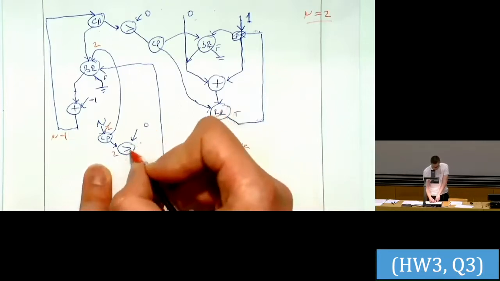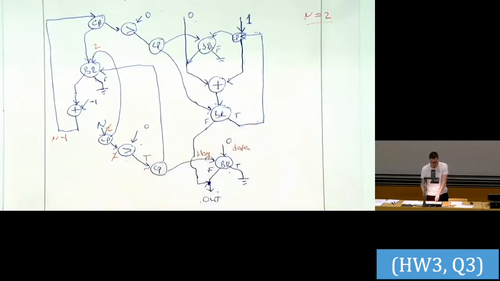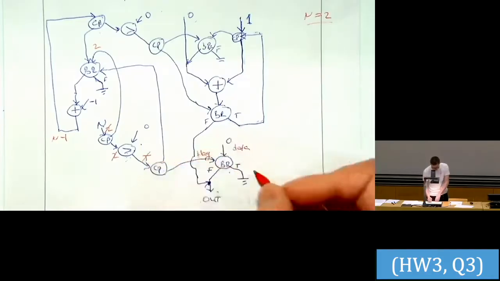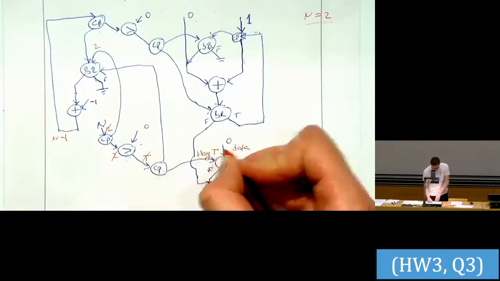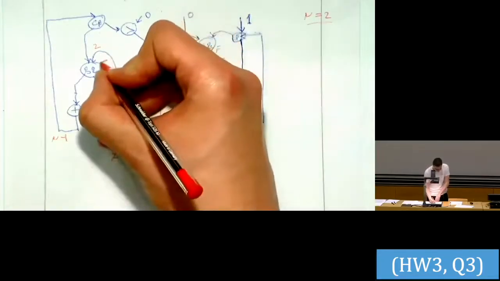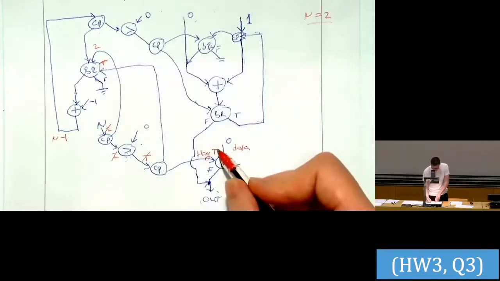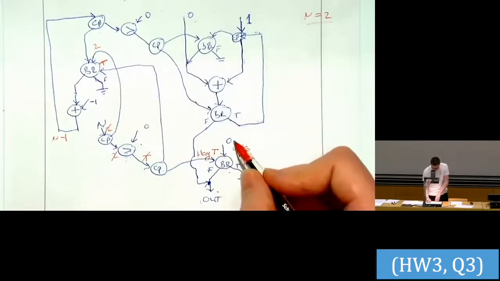And then this node will consume this 2 and will generate true, right? Because 2 is greater than 0. And then this node is also ready to fire, and we will copy true here, and also copy true here. Okay, so we have the flag here, t, and we have data 0.